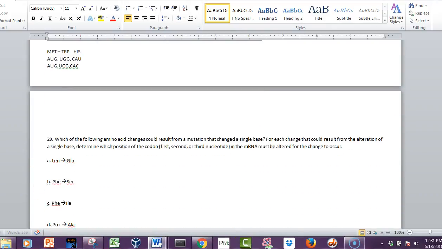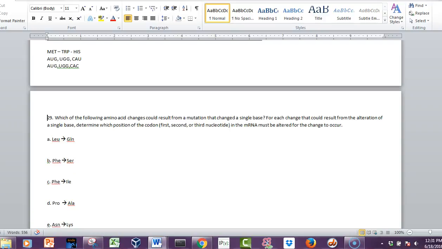And then this is just more amino acid practice. Which of the following amino acids could result from a mutation that changes a single base? And this is just to practice playing with the genetic code.